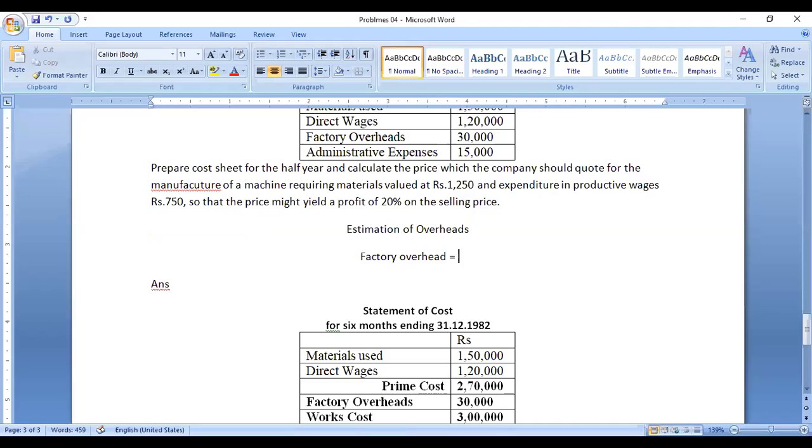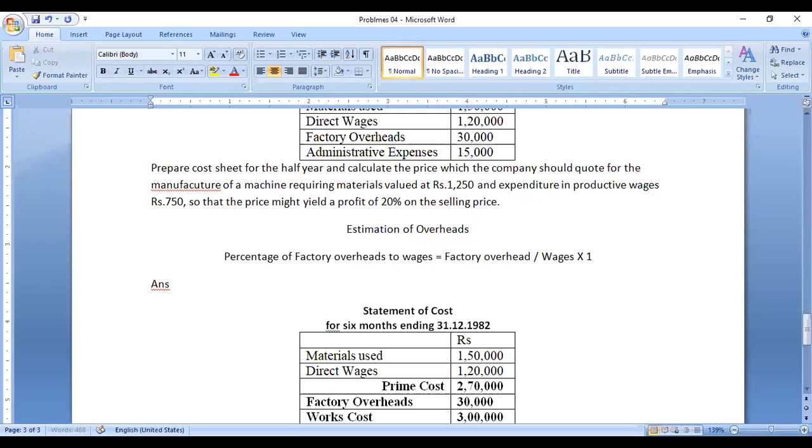There is a formula for estimating factory overhead: the percentage of factory overheads to wages. The formula is factory overhead divided by wages, multiplied by 100.